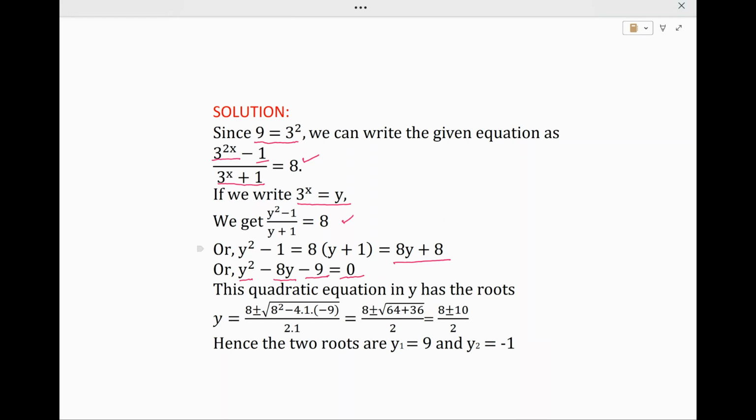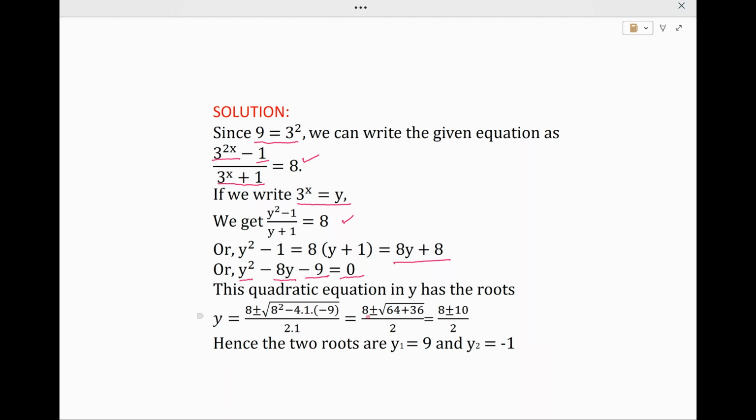This is a quadratic equation in y, and it has two roots. The roots, by using the general formula for quadratic equations, we get y is equal to 8 plus minus the square root of 8 squared minus 4 into 1 into minus 9, divided by 2 into 1.